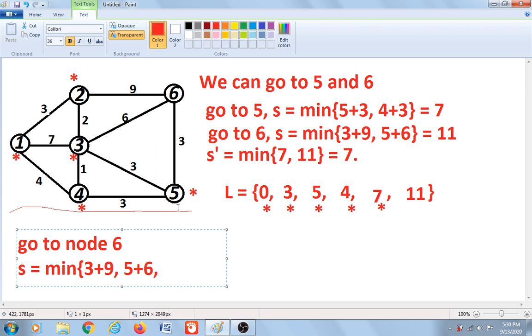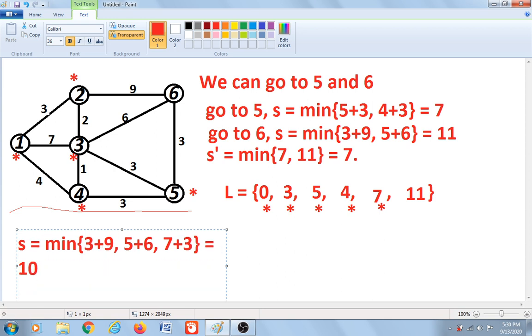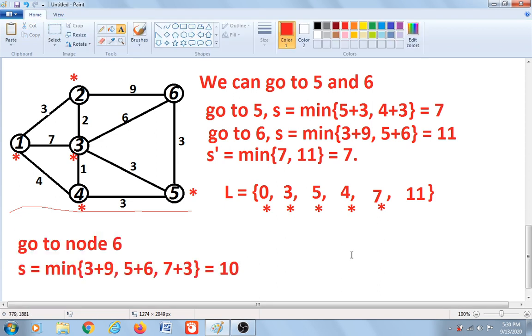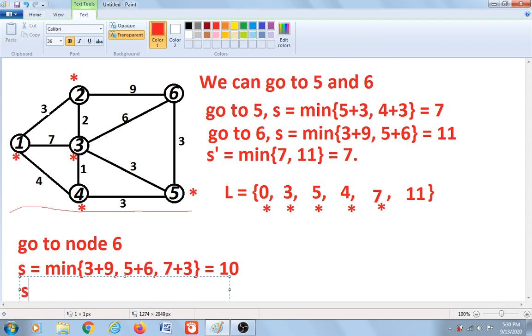And if we go from 5, here we have 7, so 7 plus 3, and that is 12, 11, and 10, and that is 10. So what is the S prime? 10 is the only one. It is the minimum of 10, and that is 10.